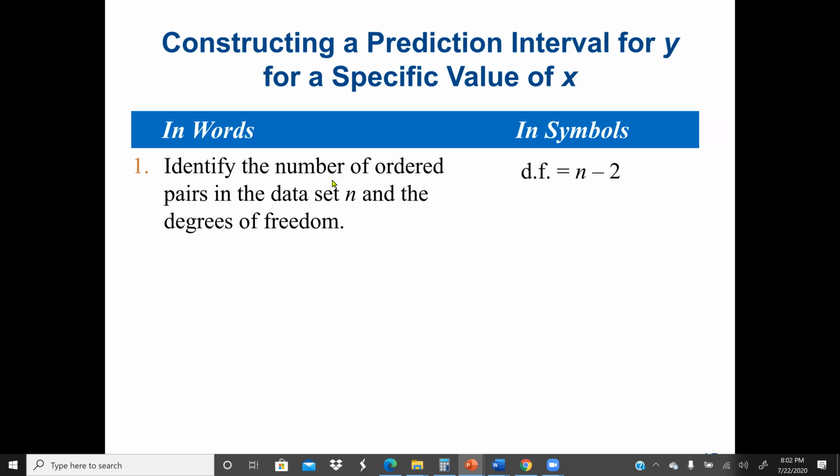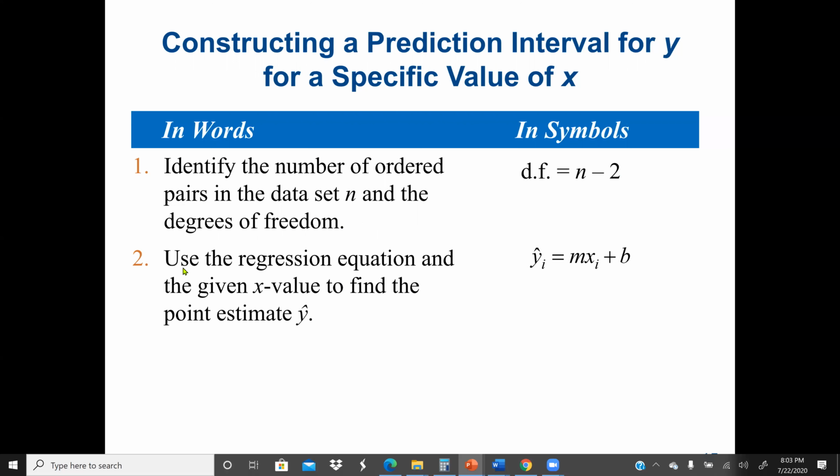So here we identify the number of ordered pairs in the data set, how big the sample size n is. And then we can find the degrees of freedom, which will be n minus 2. Next, we use the regression equation and the given x values to find the y estimate. So we have y predicted, we should know the slope and the y-intercept.